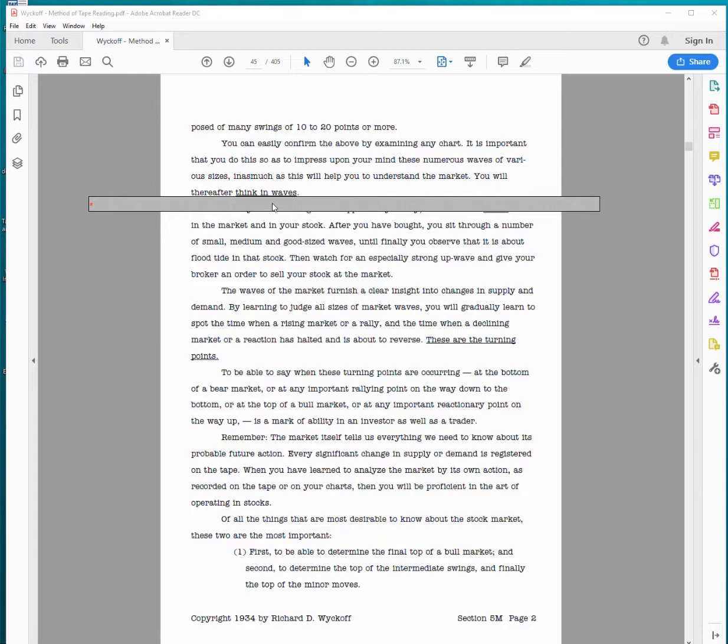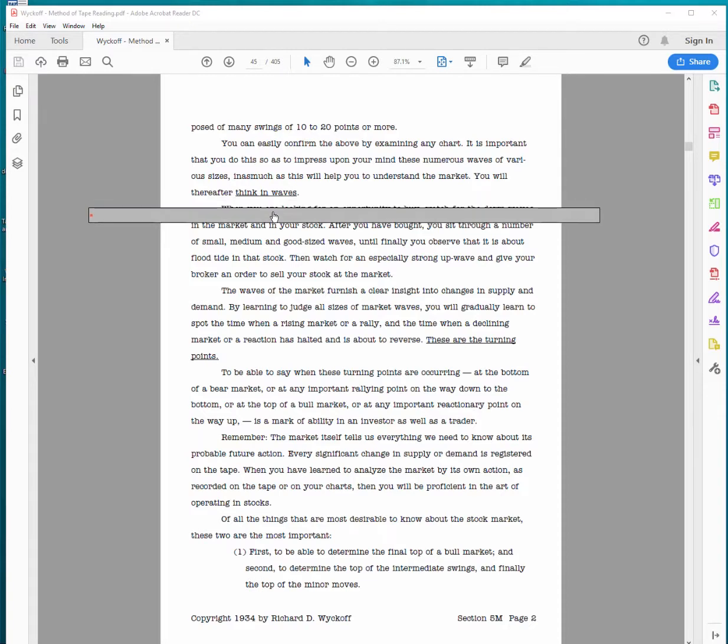Now that doesn't mean you have to do that because he did use a wave chart, so you can use different styles. Because it's very hard to replicate everything Wyckoff did.